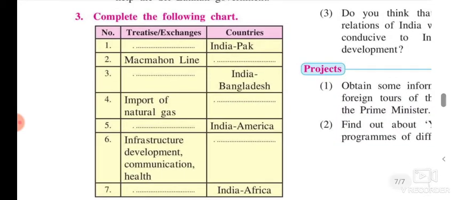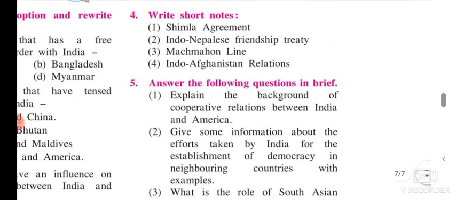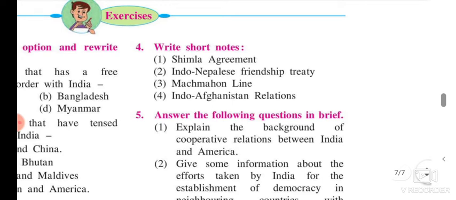We have exchanges and countries. Look into the table and find the answers from the chapter above. Fourth row, write short notes on first, Shimla Agreement, second, Indo-Nepalese Friendship Treaty, third, McMahon Line, fourth, Indo-Afghanistan relations.